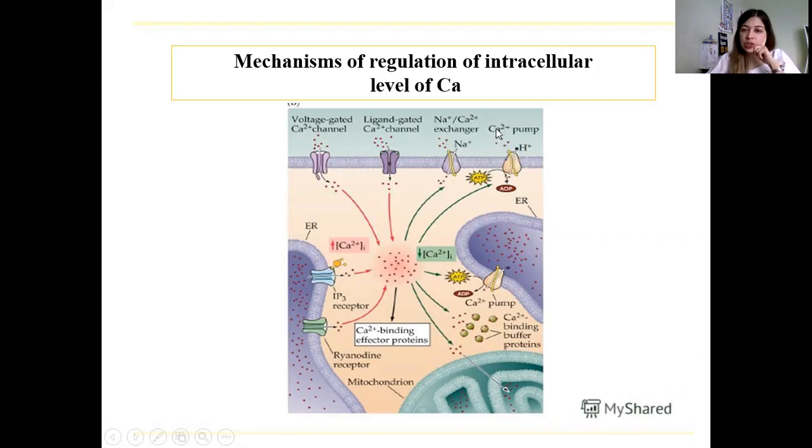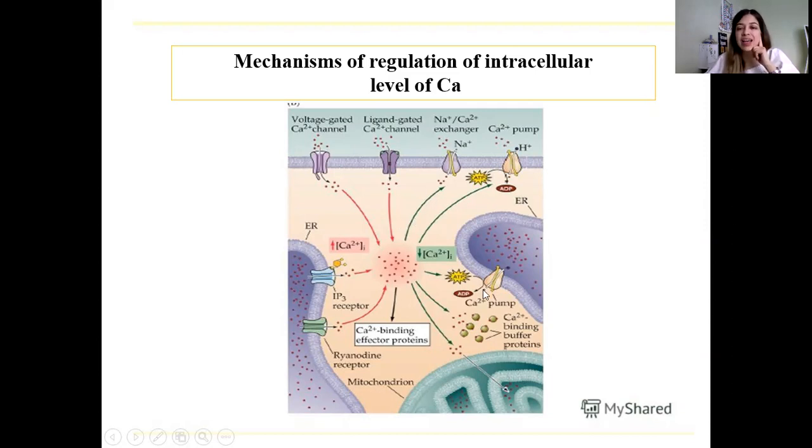It will exchange calcium with the ion of hydrogen, H+, with the use of energy, ATP. Okay, these are all transport molecules which carry calcium from the outside of the cell to the intracellular space.